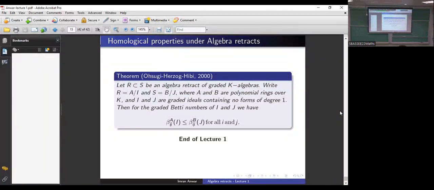So, graded Betti numbers. Okay, big story. For any ideal, if the ideal is graded inside the polynomial ring, it has a free resolution. A bit of a long story.